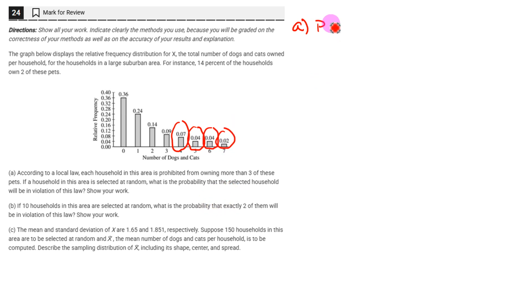So the probability that X is greater than 3 equals 0.07 plus 0.04 plus 0.04 plus 0.02, which should be what? 0.09 plus 0.08. Is my math right at 0.17?